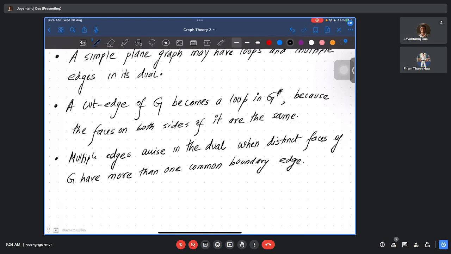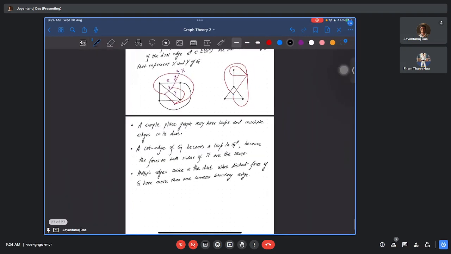Right, so this is also clear. We will have multiple edges when, suppose, this is a face and this is a face, and they have more than one common boundary. Then we have multiple edges.